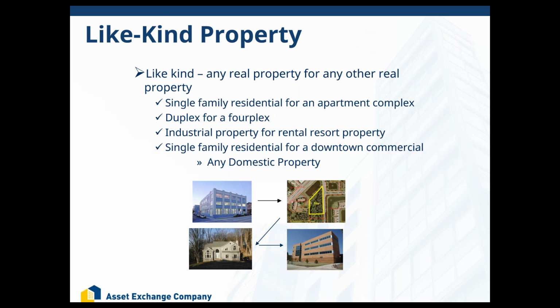Now you can if you want, by all means, right? But you could even replace it with a condo, a townhome, vacant land. You could replace it with a duplex, a fourplex, a commercial strip shopping center. Okay, a downtown commercial office building in any metropolitan area, major city in the United States.